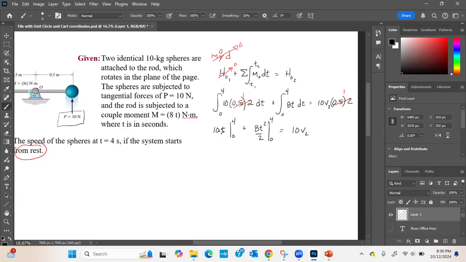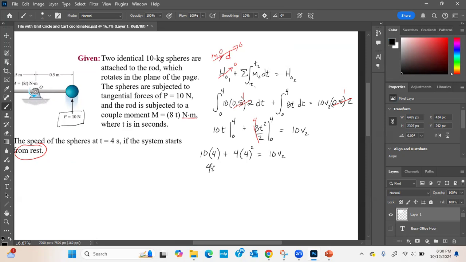All right, so 10t evaluated at 4 minus 10 times 0, so I'm not going to write that. 8t squared over 2, now 8 over 2, as we know, is 4. So I'll have 4 times 4 squared minus 4 times 0 squared, so I won't even write that, equals 10 v2.